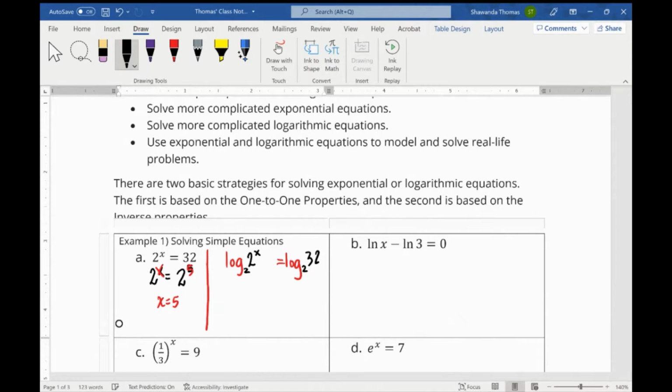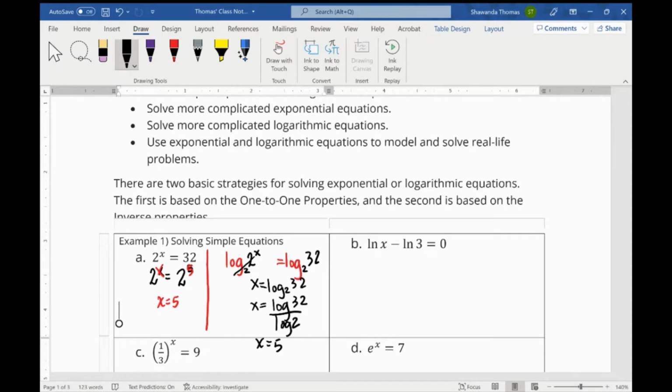Because what we want is to cancel this out, so that'll be x equals log base 2 of 32. And you could potentially change that to the log of 32 divided by log of 2. That's called a change of base formula. And you can put that in your calculator.